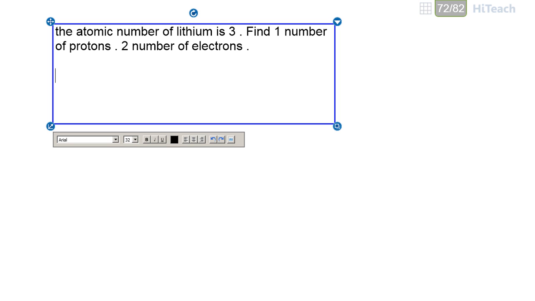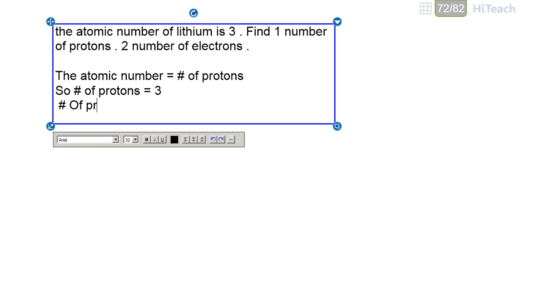As we learned before, the atomic number is equal to the number of protons, so the number of protons equals 3, and we know that the number of protons equals the number of electrons.